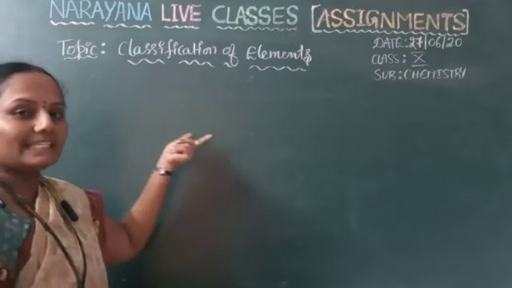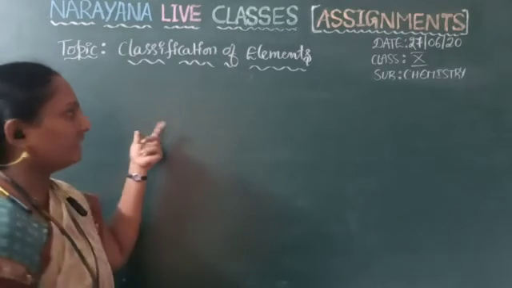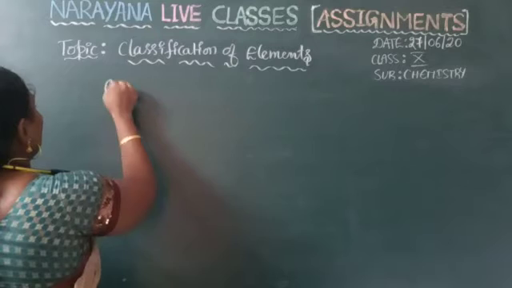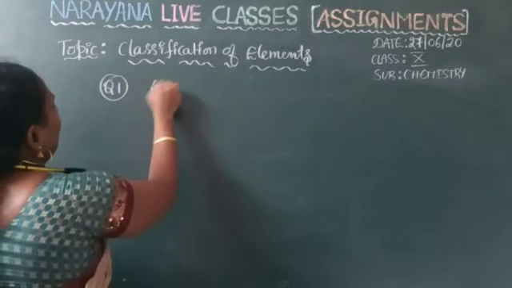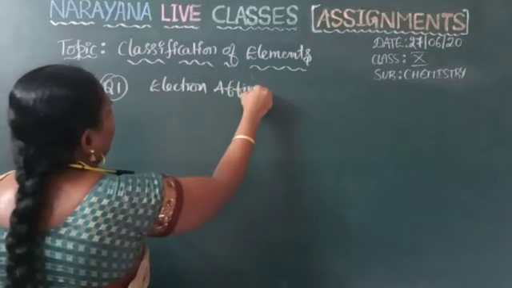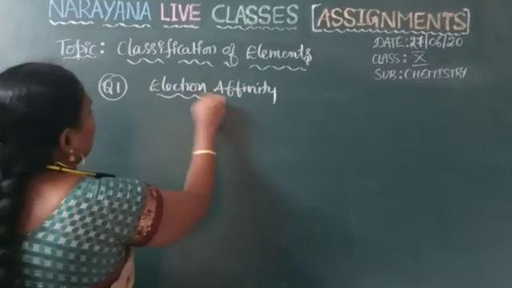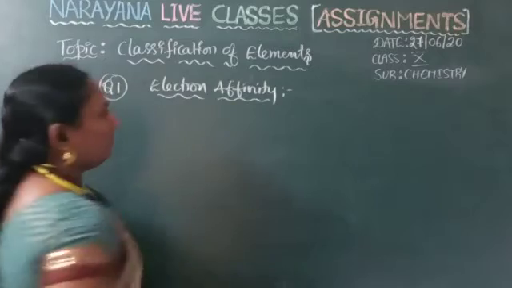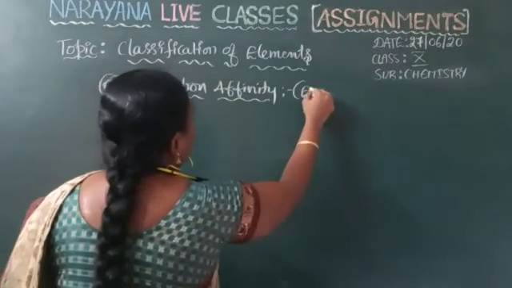So we are discussing an assignment related to the topic classification of elements. In that, question number 1: define electron affinity. Electron affinity, also called electron gain enthalpy, is represented with EA.